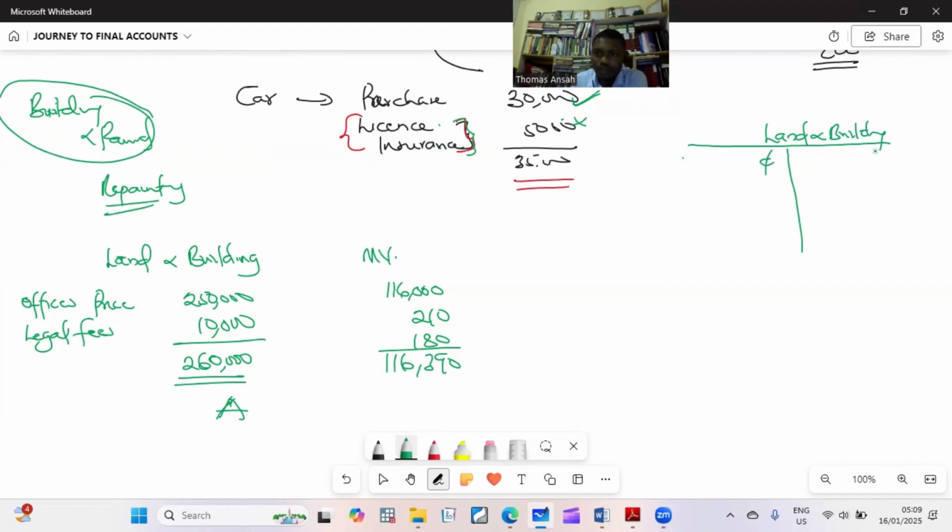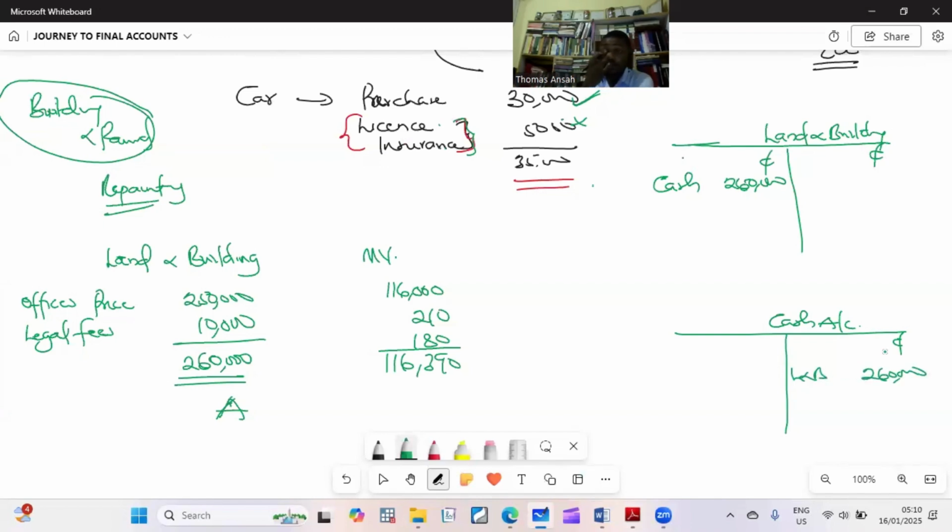And you will debit. If they bought with cash, you write cash. If you are given a date, you put the date. And this one is 260,000. And you open a cash account, and you credit it with land and building, 260,000. All right. So that is that.